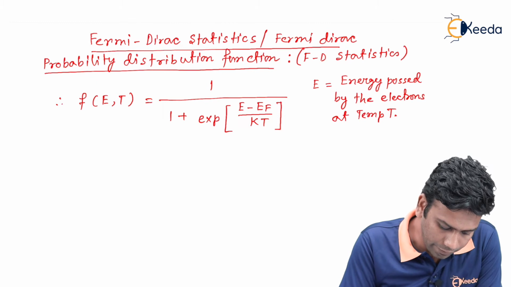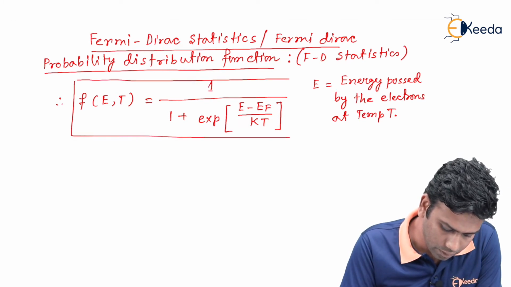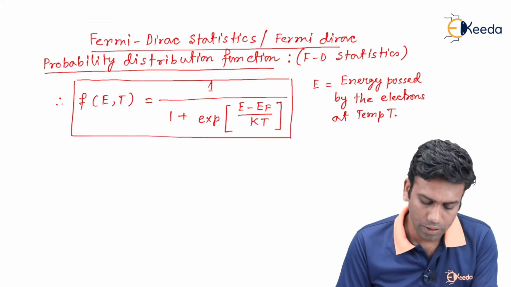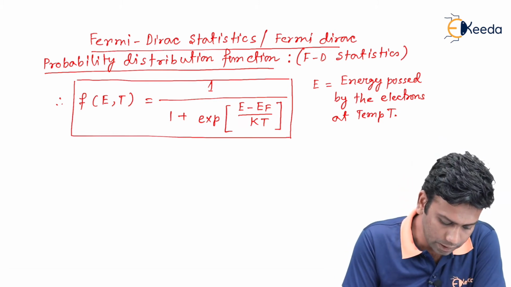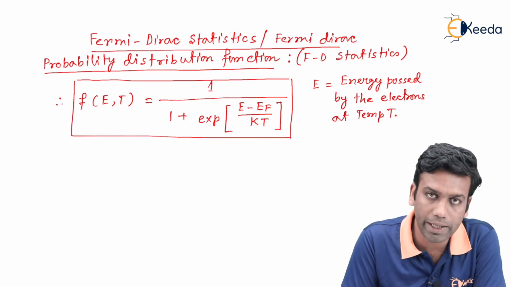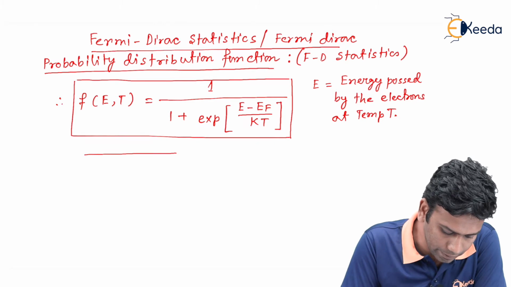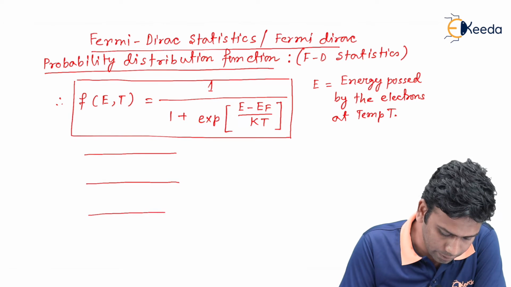Now, if I look at this equation, what is the physical significance of this equation? For that, let us consider the band diagram of the semiconductor. In the band diagram, we know that there will be a conduction band and a valence band.